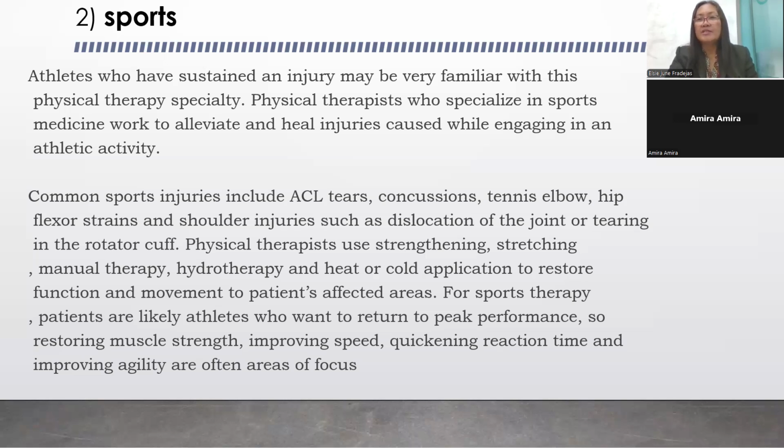Restoring muscle strength, improving speed, quickening reaction time, and improving agility are often areas of focus. So our physiotherapists also specialize in sports medicine to heal the injuries and alleviate the pain while engaging in athletic activity.